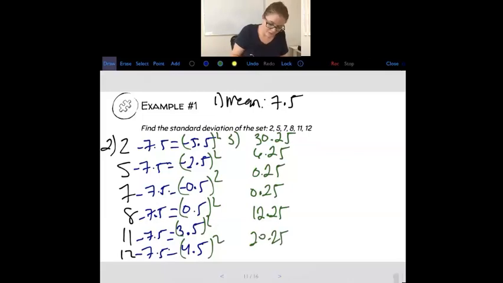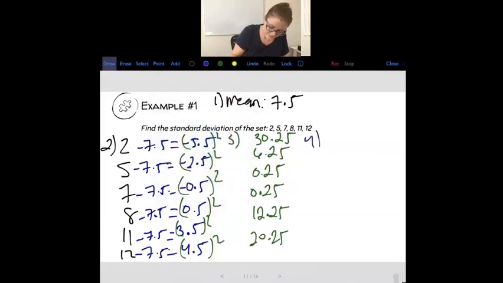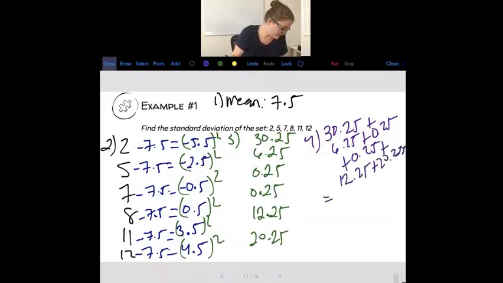Now in step 4, what we do is we add all these together. So let me get a different color. Step 4, you would take 30.25 plus 6.25 plus 0.25 plus 0.25 plus 12.25 plus 20.25, and we come out with 69.5.